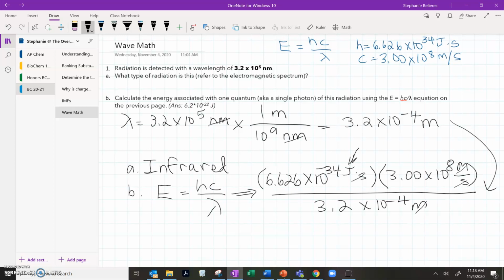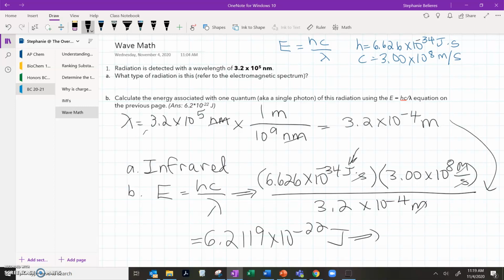I'm just realizing there's a typo. All right, and then I'm going to divide that by 3.2 to the negative 4. So this is giving me 6.2119 times 10 to the minus 22. This is joules. And now I need to round to sig figs.